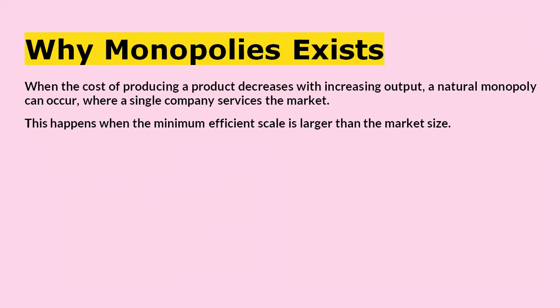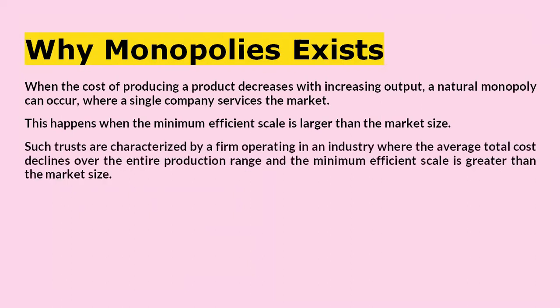This happens when the minimum efficient scale is larger than the market size. Such monopolies are characterized by a firm operating in an industry where the average total cost declines over the entire production range and the minimum efficient scale is greater than the market size.